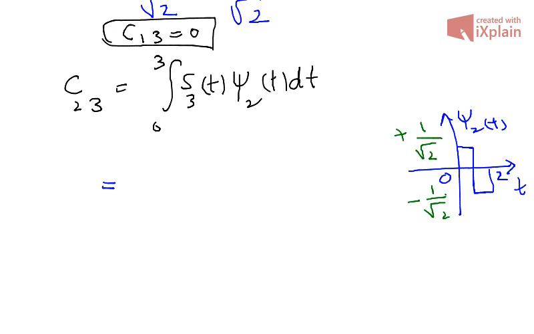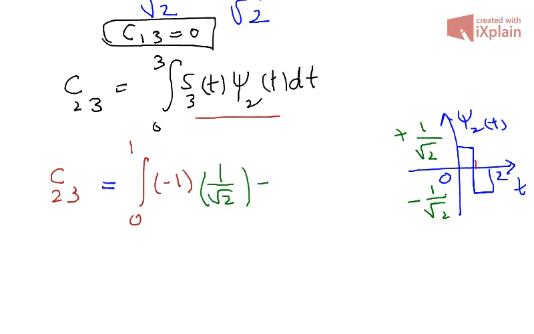Now if you try to solve this C23, the projection of the third signal over the second basis function, we can divide this integral. From 0 to 1, S3 of t is minus 1, and psi 2 of t is 1 over under root 2.